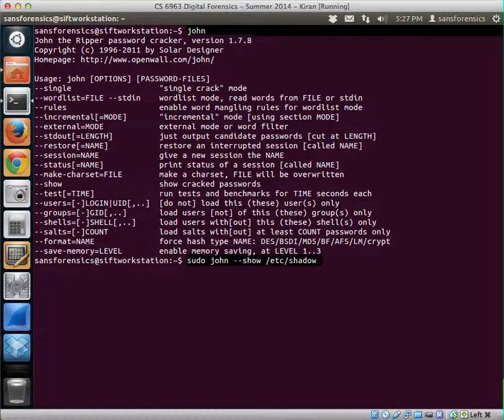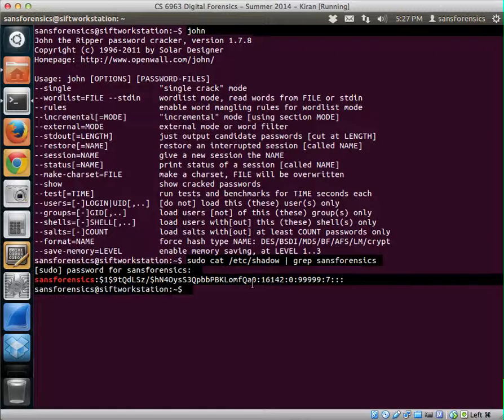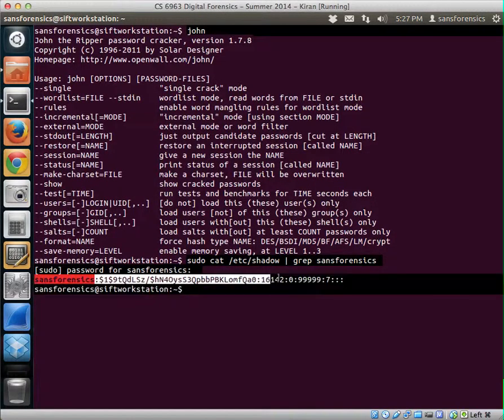What we'll be doing here is trying to crack the password for the SIFT, SANS Forensics account. What you see here is that I'm trying to show you what's in the shadow file. As you can see, the shadow file actually stores the password in a hash format.